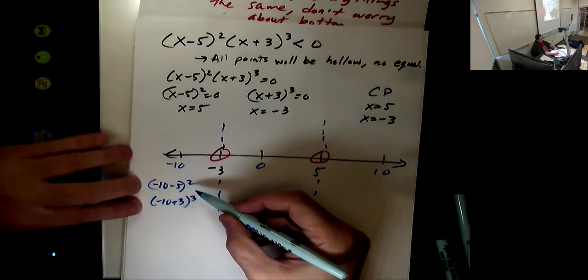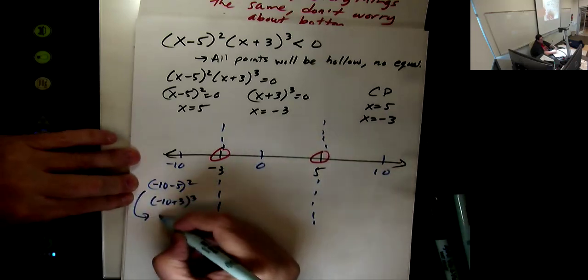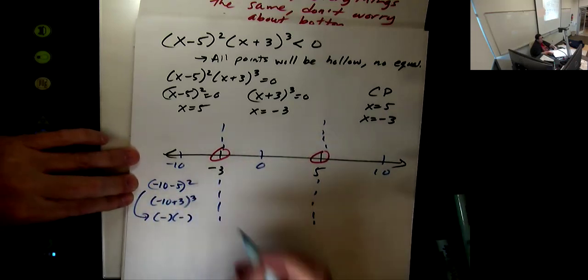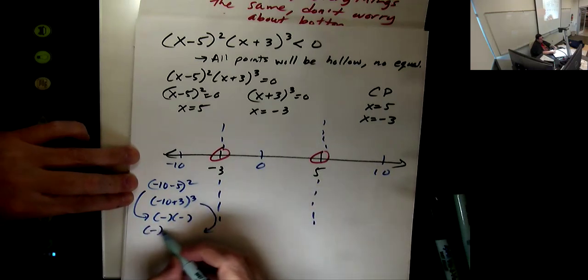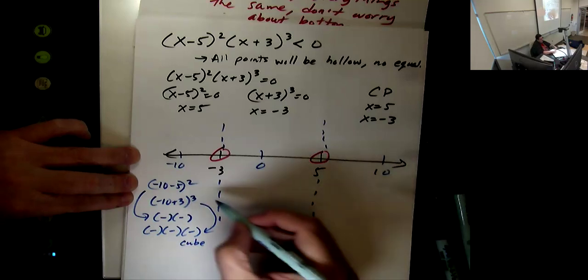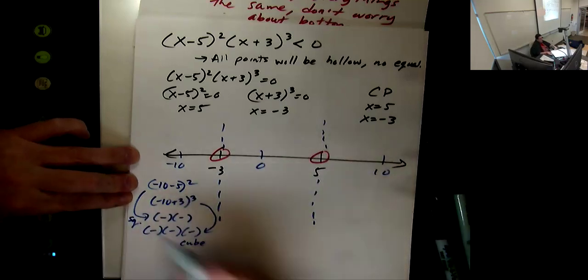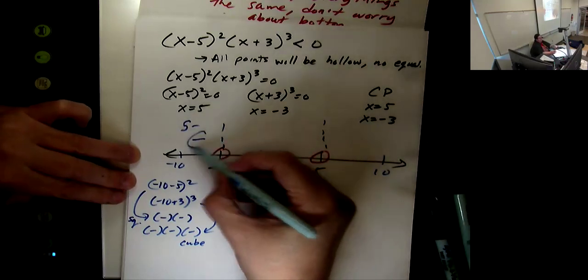The bigger number for all of these is negative. So this one gives me a negative times a negative because of the square. This one gives me a negative times a negative times a negative because of the cube. I have 5 negatives. This region is negative.